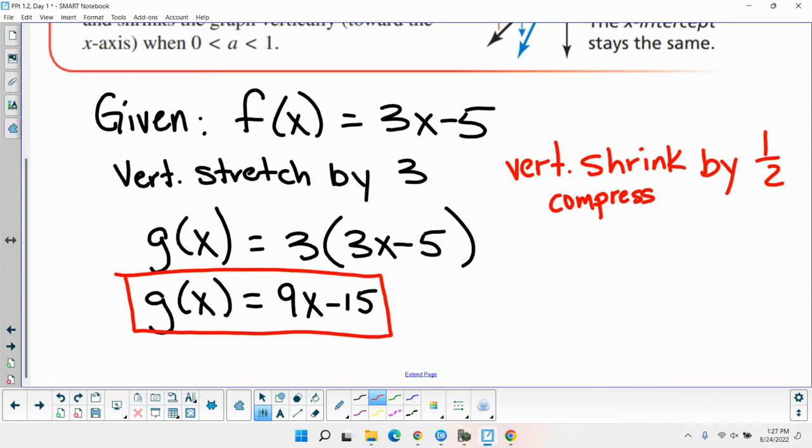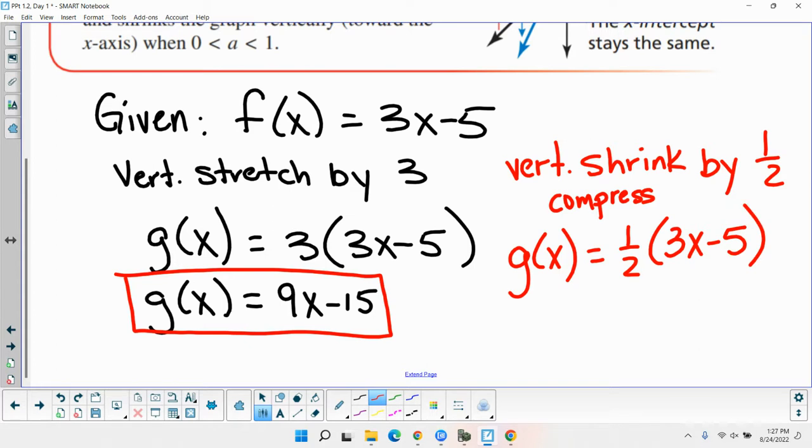Usually they write a fraction, okay? So again, since it's vertical, we're doing it to the whole thing. We're multiplying the whole thing by a half. So I just distribute my half. 1/2 times 3 is 3 halves. And 1/2 times -5 is -5 halves.